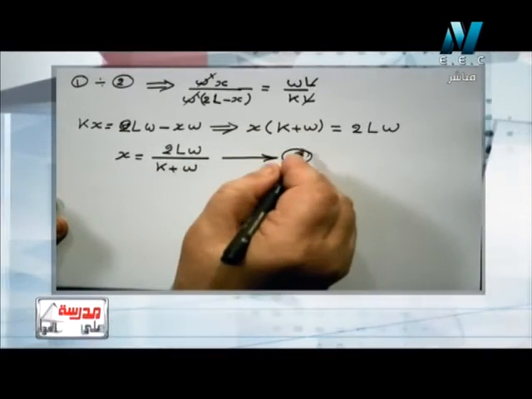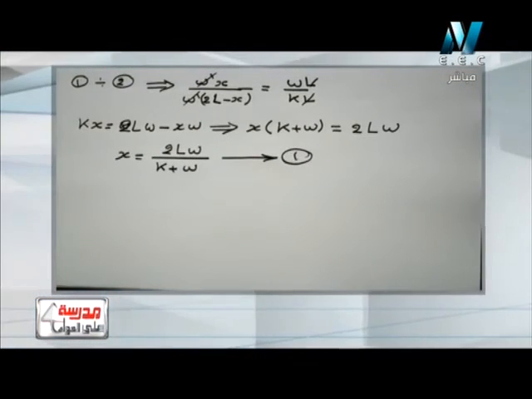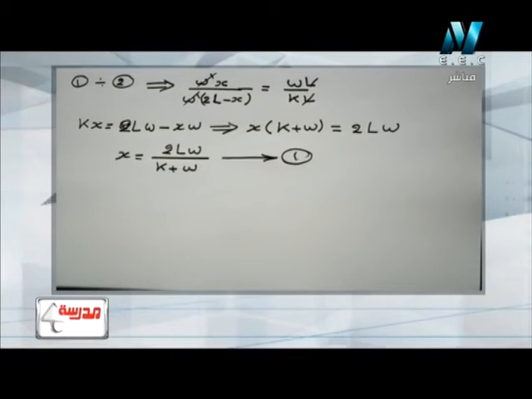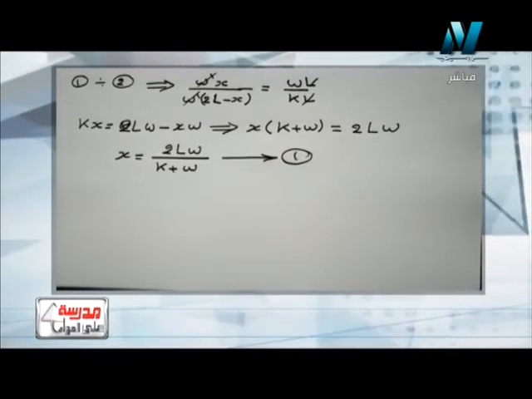This was our X. So what does it say? Prove that the point of application of weight divides AB in the ratio 3W plus K and W plus 3K.